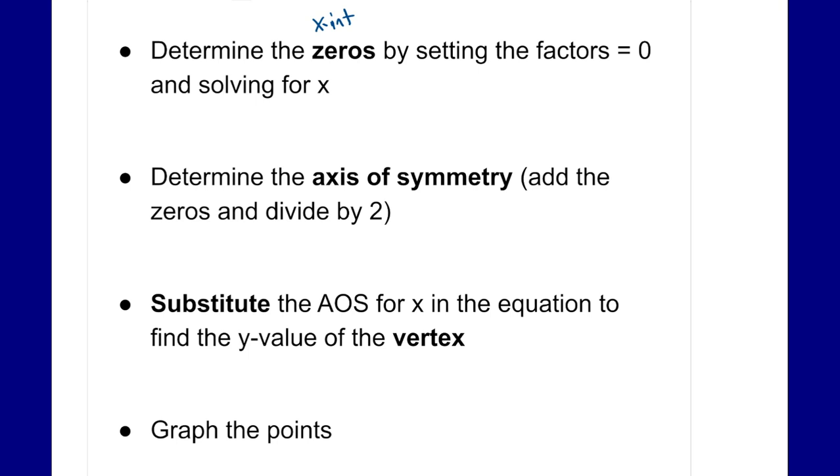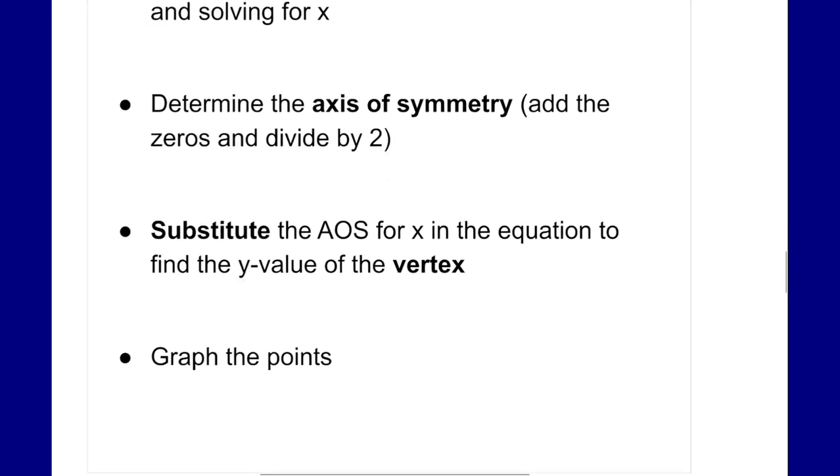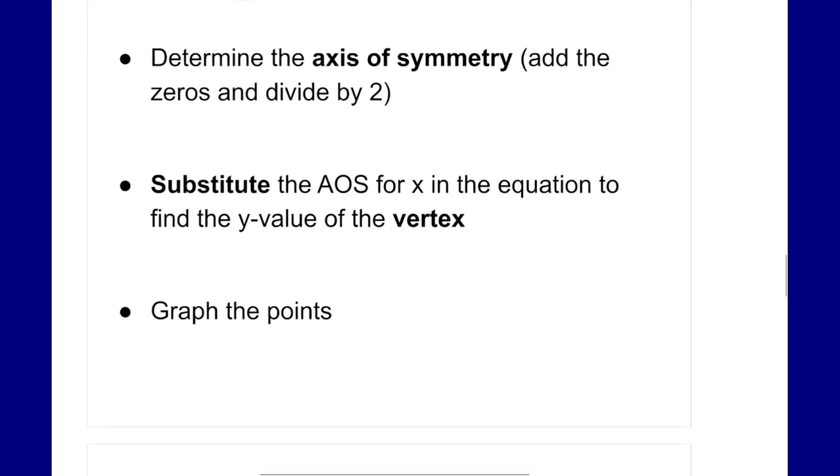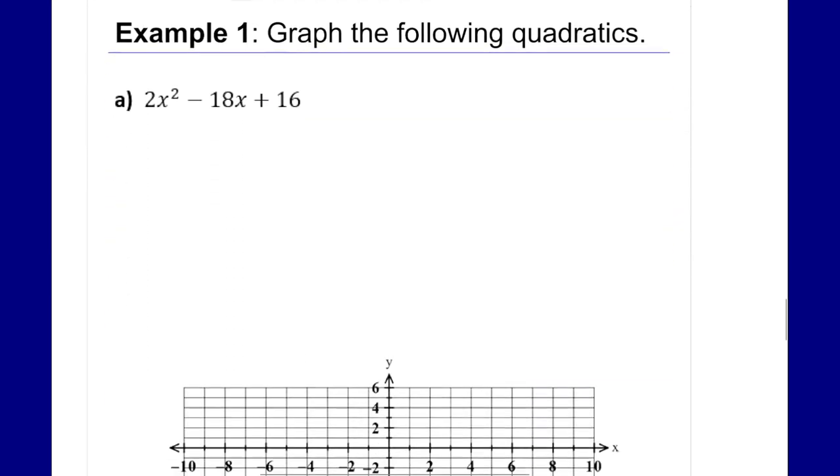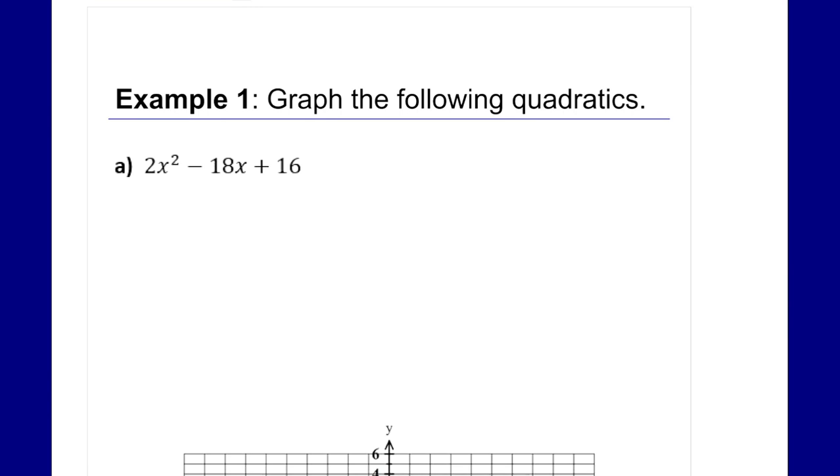Once we have our vertex, we'll have our zeros, we'll have our axis of symmetry, we'll have the direction of the opening, and then we can graph all those points and graph our parabola. So let's go through those steps with this quadratic in standard form. So I want to graph 2x squared minus 18x plus 16.